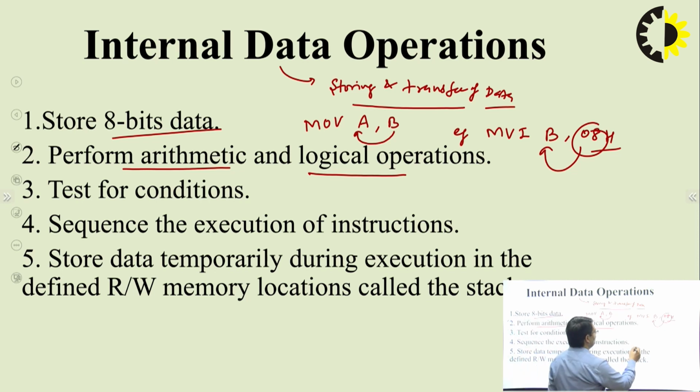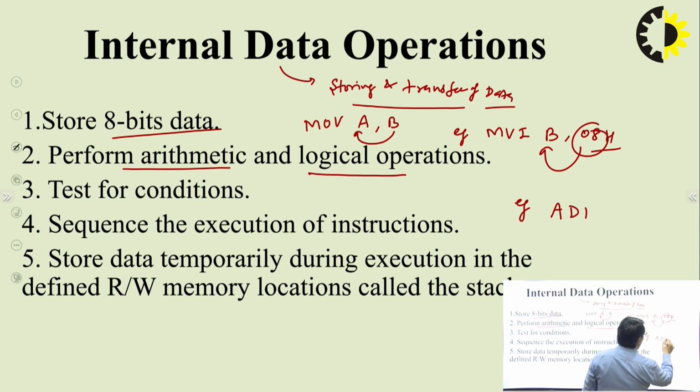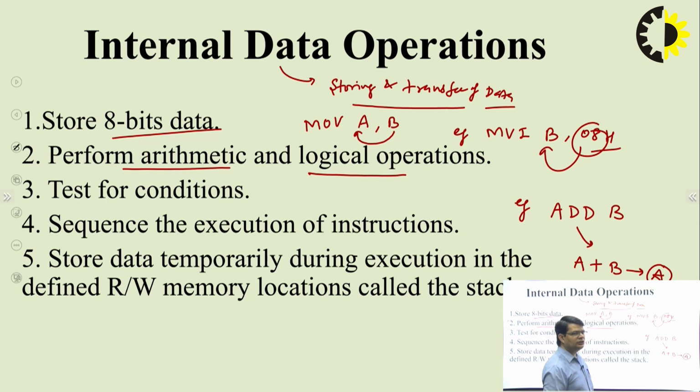Another example can be arithmetic operations, like ADD B. In this arithmetic operation, the content of the accumulator is added with register B and the result is stored in the accumulator itself. So this is an 8-bit arithmetic operation, another example of internal data operations.